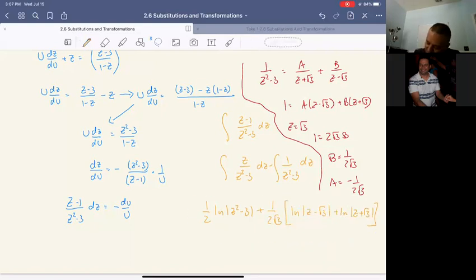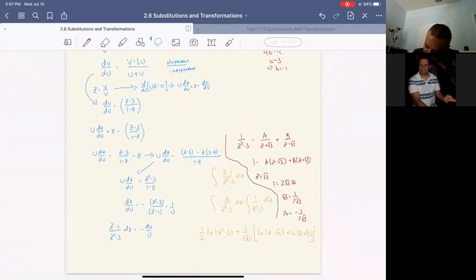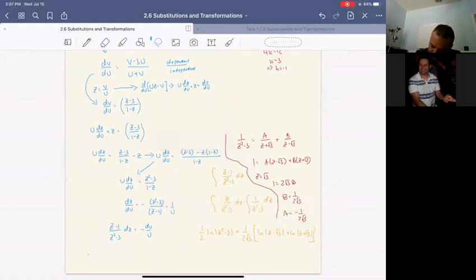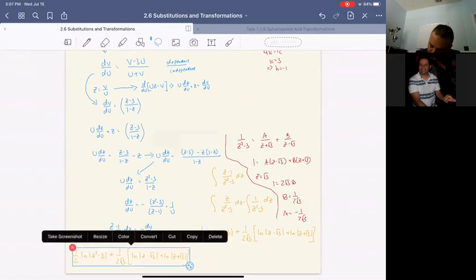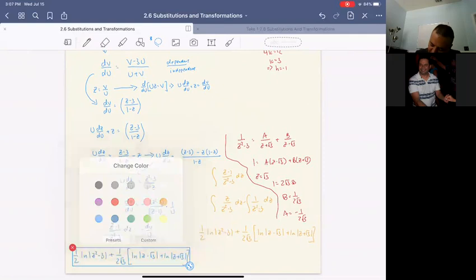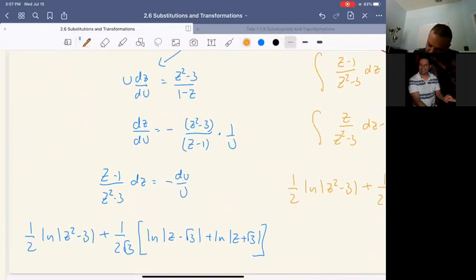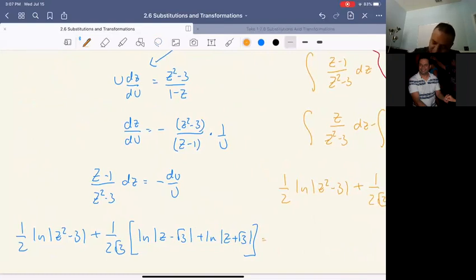Oh, hold on. So moving that over here, that's going to equal negative natural log of magnitude of u plus c.